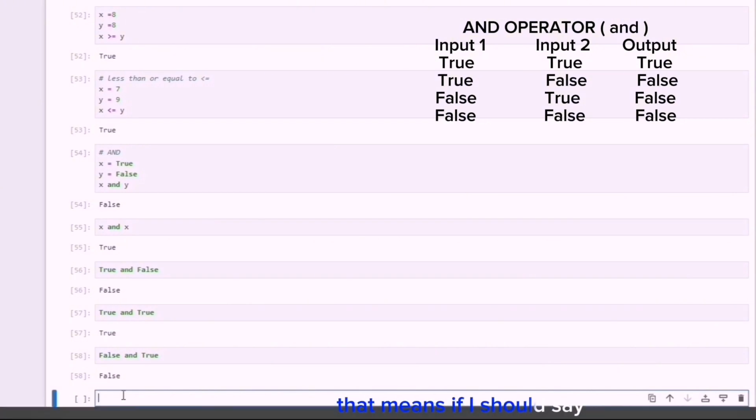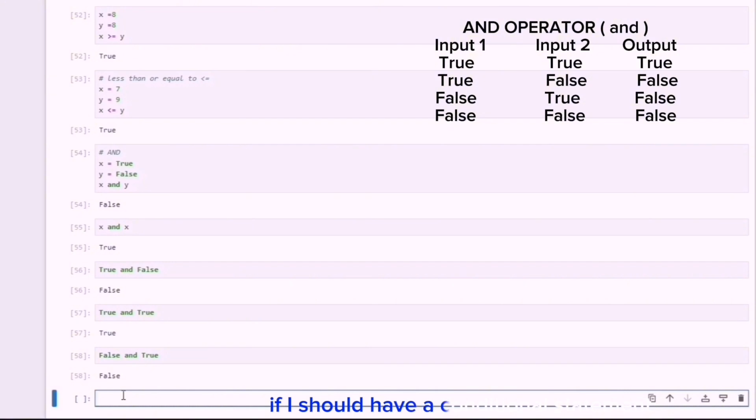That means if I should have a conditional statement, we're going to be looking at that in the future, and under that conditional statement I tell my program: if what the person scored in maths is above 80, and what the person scored in English is above 80, that is when the person should pass.